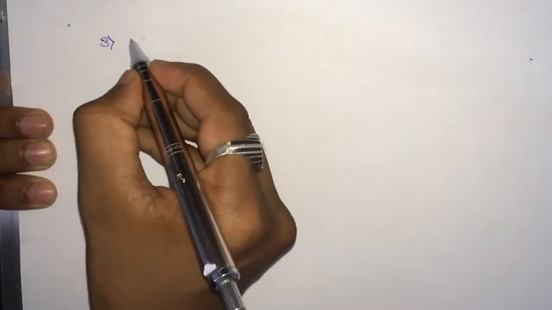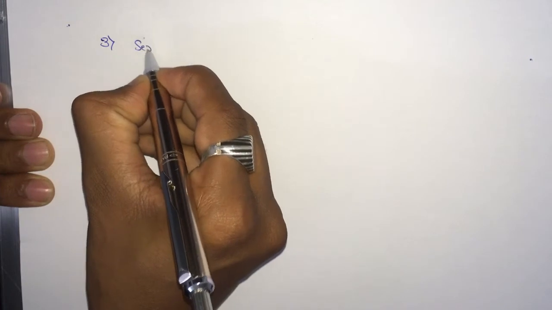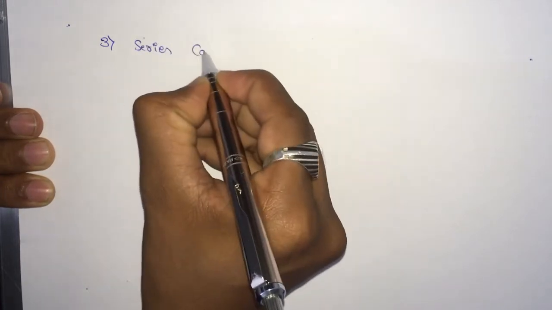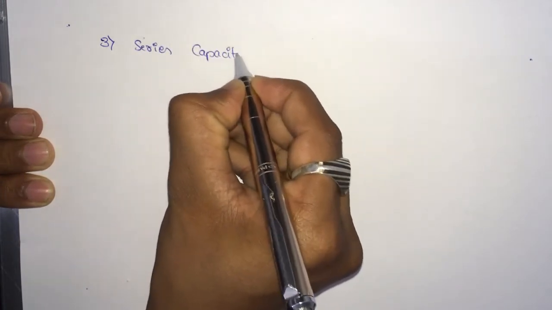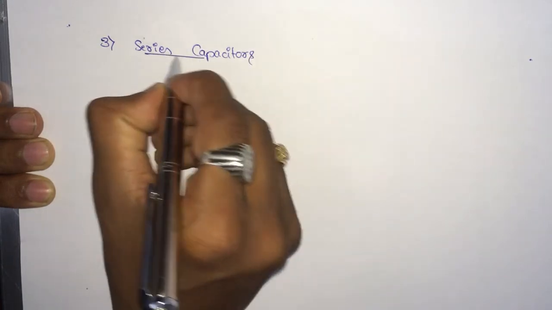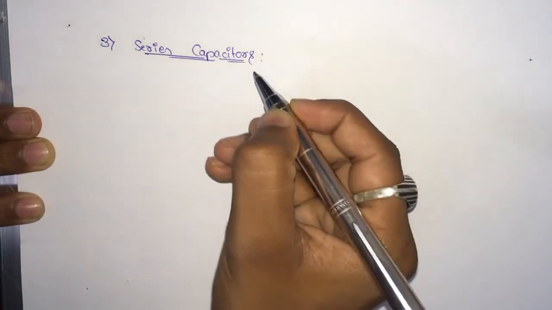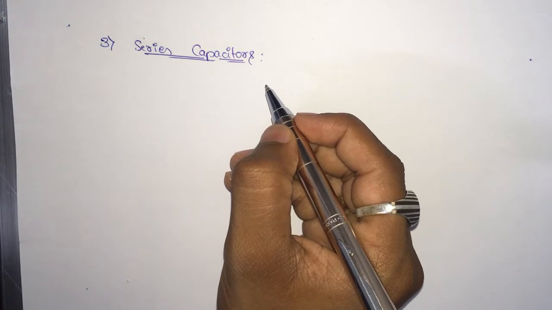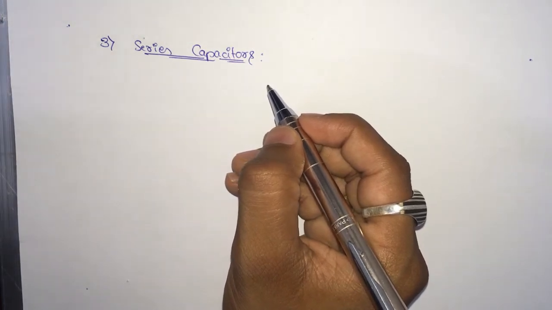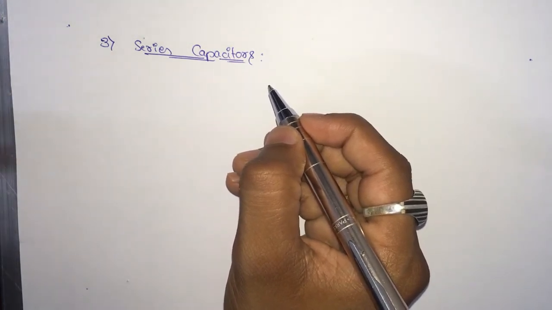And our third one is series capacitors. These series capacitors are connected in series with the line conductors.